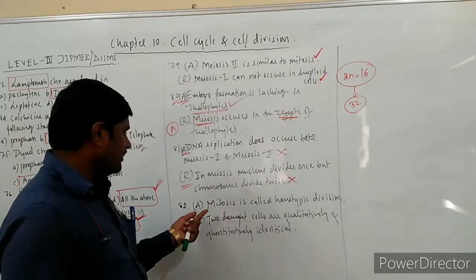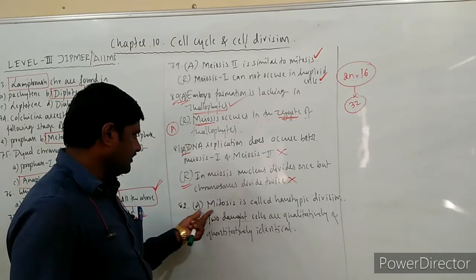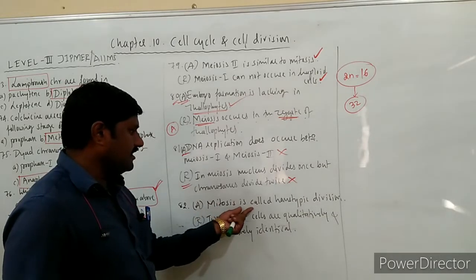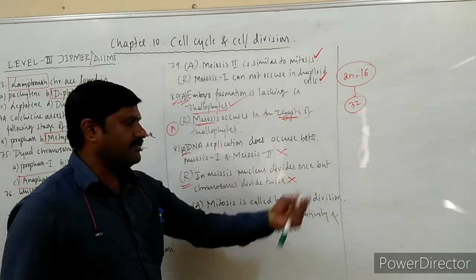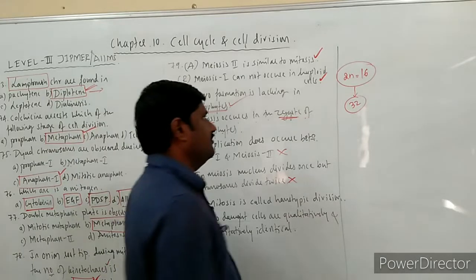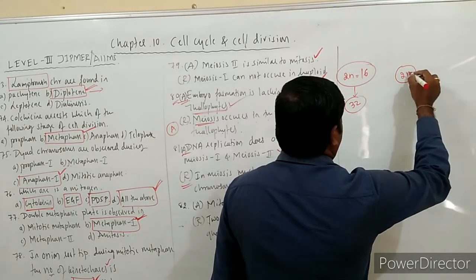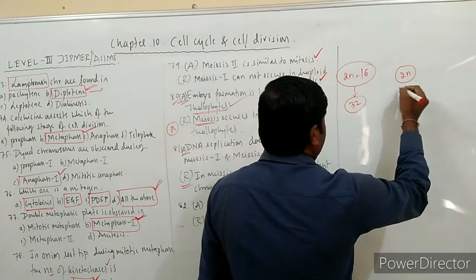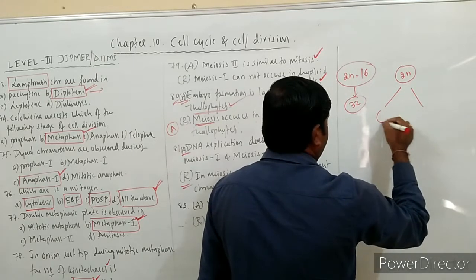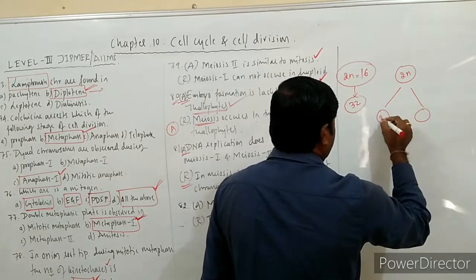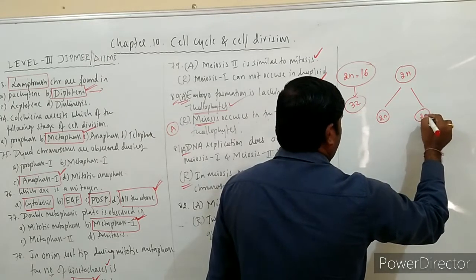Next one is the last question. Assertion: mitosis is called homotypic division. Of course, in mitosis, as we have already discussed, 2n chromosomes are present in the parent cell and the same number of chromosomes are maintained in the daughter cell also during mitosis.